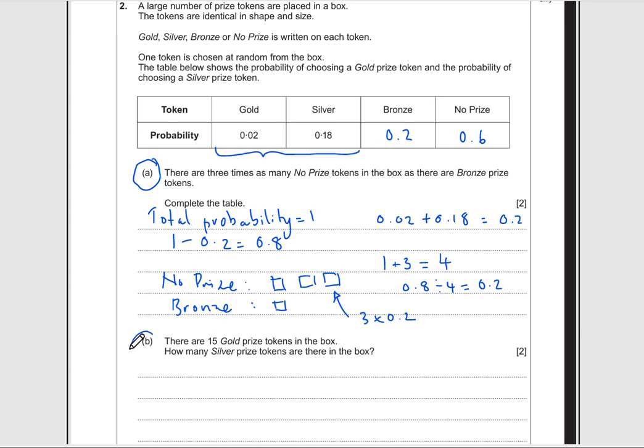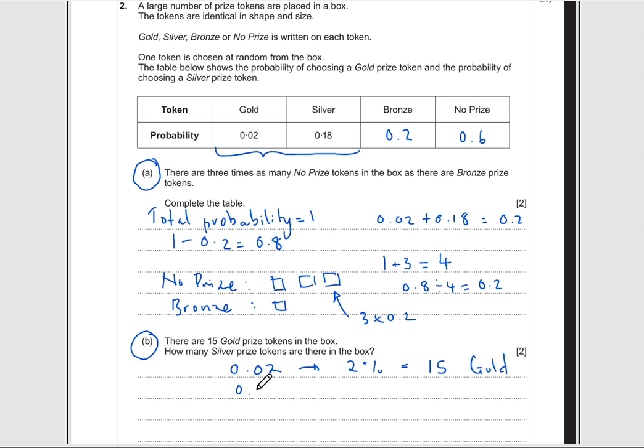There are 15 gold prize tokens in the box. We need to work out how many silver prize tokens are in the box. So gold is going to be 0.02. It might be easier to think about this as a percentage. So 2% is going to be 15 gold.